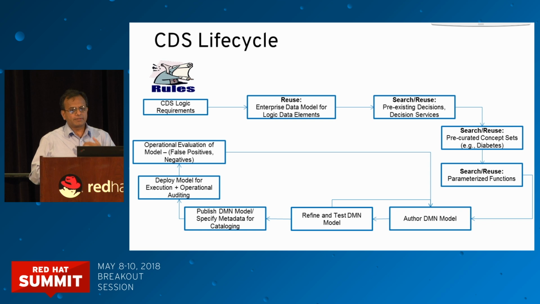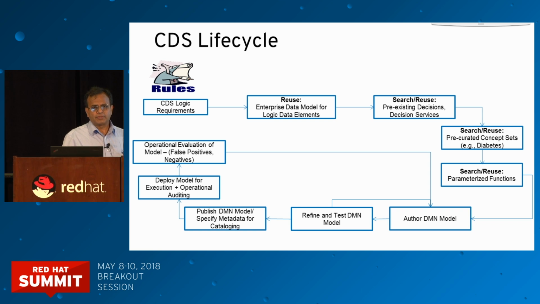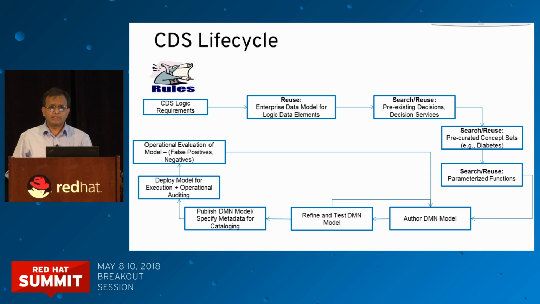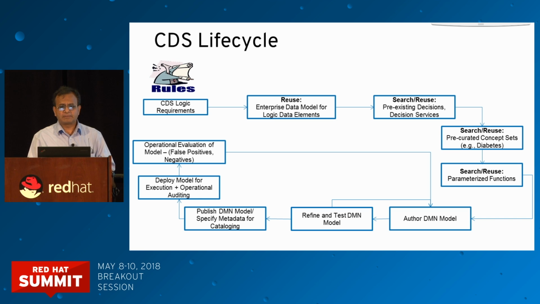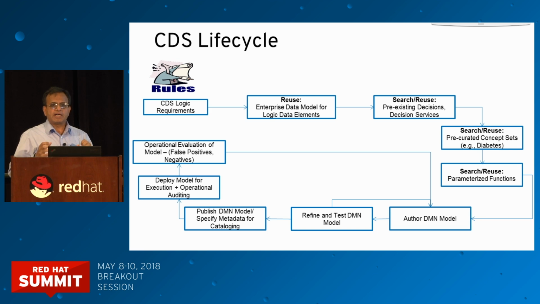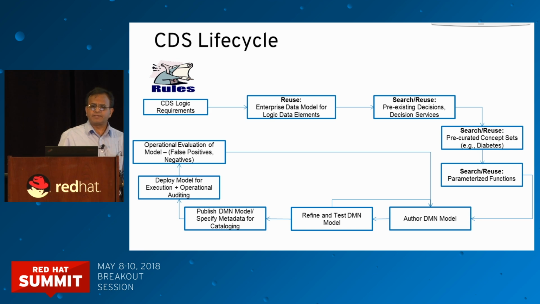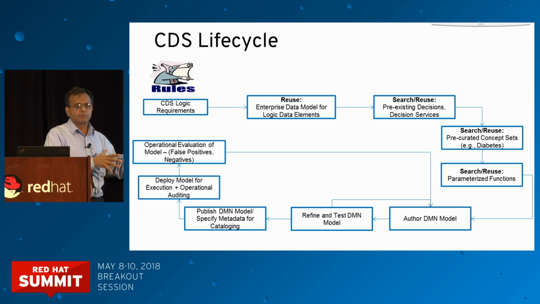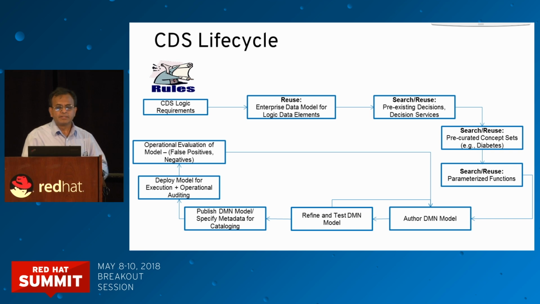Then, leveraging all we have before, we will probably create new artifacts to author a DMN model. Then we refine and test the DMN model. Once the refine and test phase is over and the author is confident, we will publish it in the Red Hat execution engine.